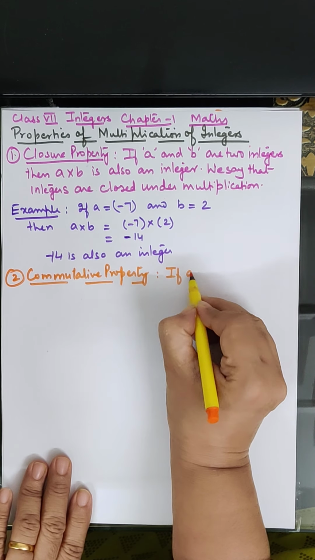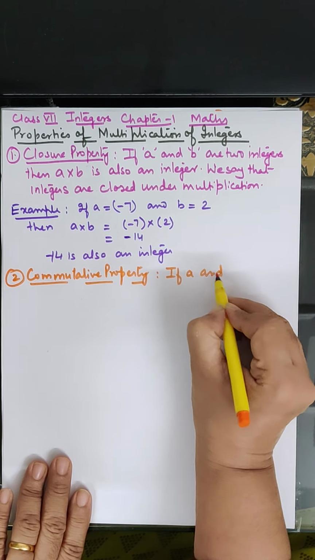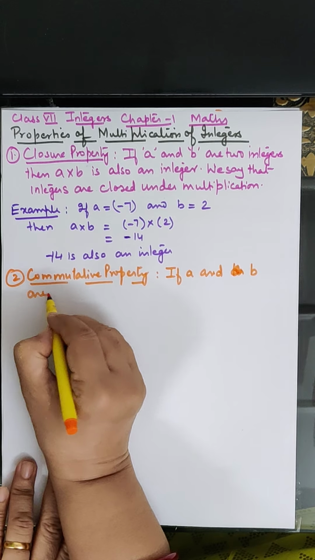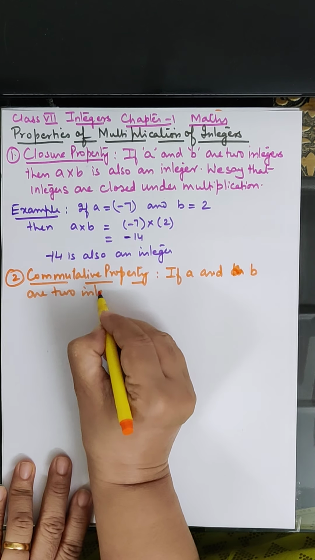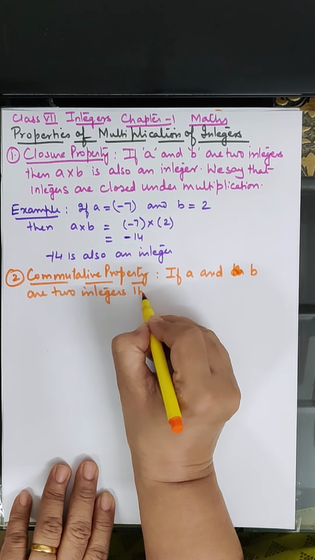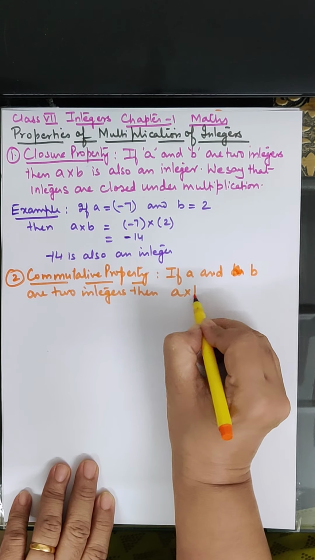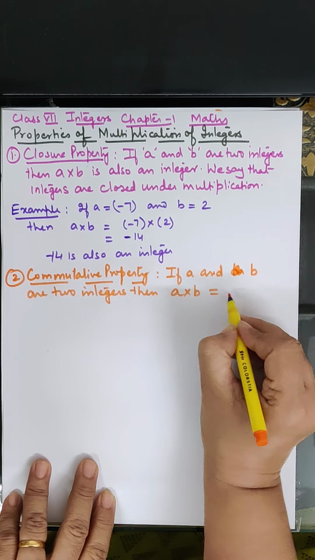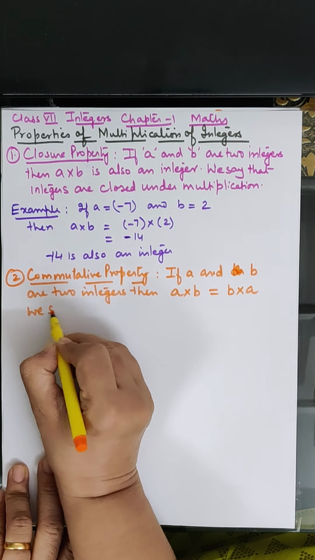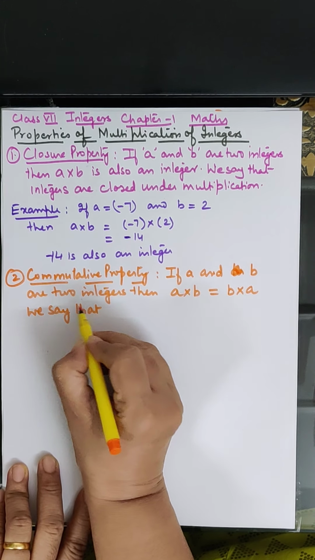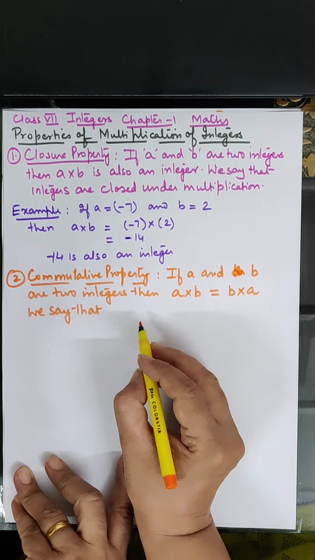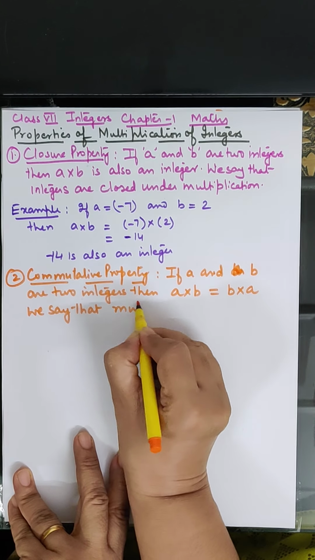If A and B are two integers, then A into B is equal to B into A. We say that multiplication of integers is commutative.